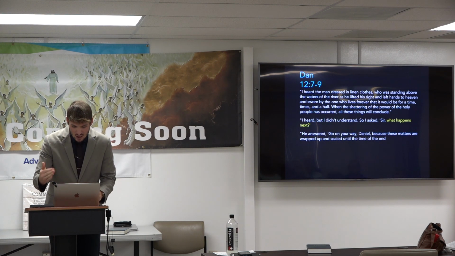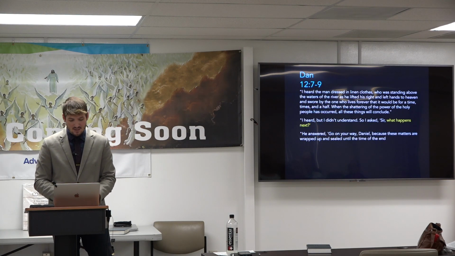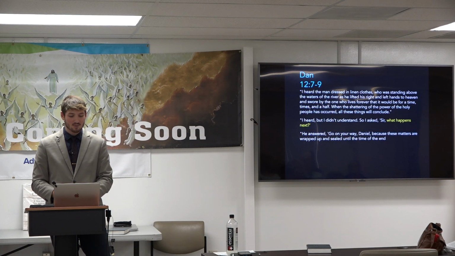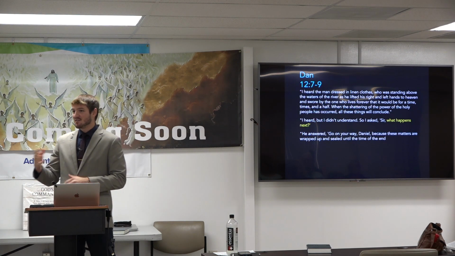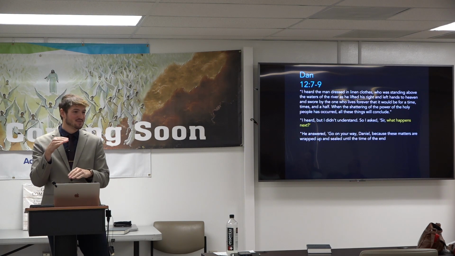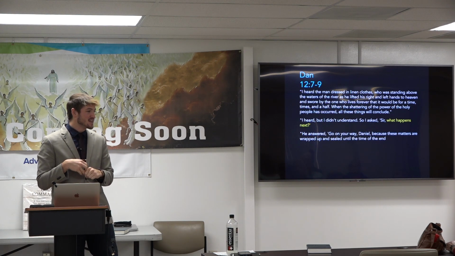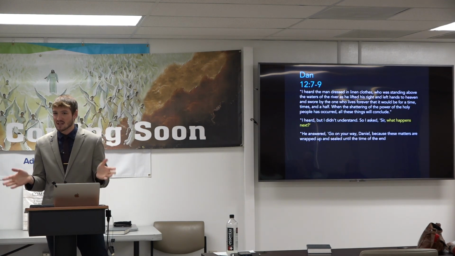Daniel again says, I heard, but I didn't understand. So I asked, what happens next? He answered, go your way, Daniel, because these matters are wrapped up and sealed to the time of the end. So Daniel's already met Gabriel. Now he's having an interaction with Christ. And so he's like, well, I'll just ask your boss. If you won't tell me, I'll go to the source. He says, Christ, what do all these things mean pertaining to the time of the end?